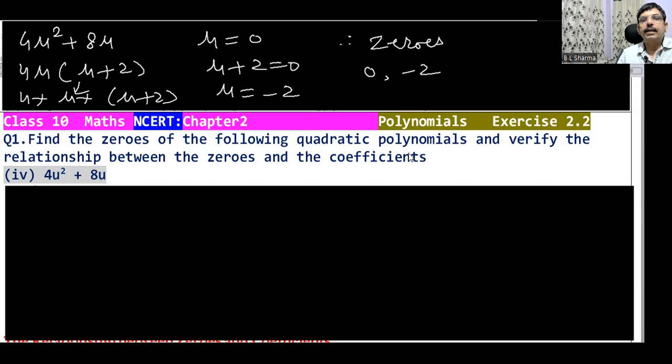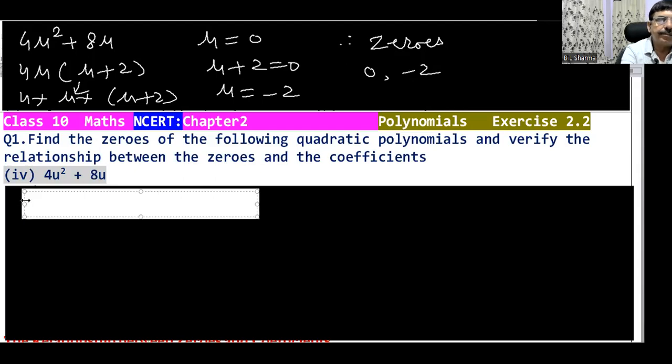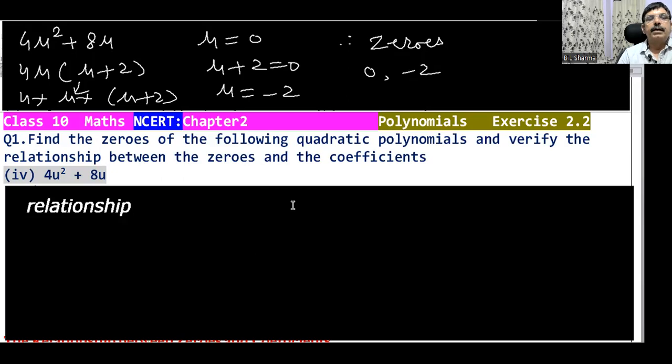And now the relationship between zeros and the polynomial. What is the relationship here? First is sum of zeros.